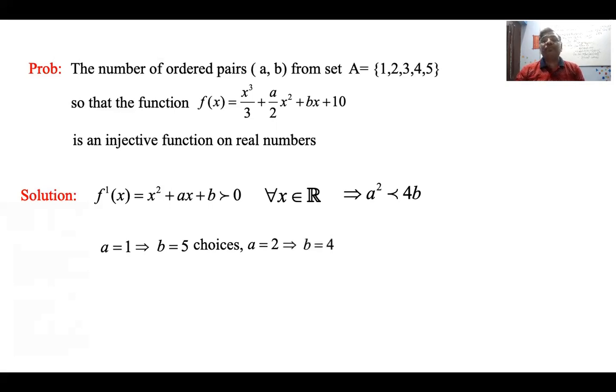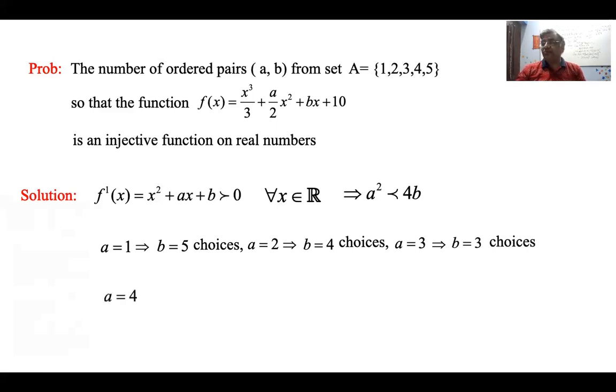Similarly, when a is equal to 3, 9 must be less than 4b. b equal to 1 and b equal to 2 are not fulfilled, but from b equal to 3 onwards it is fulfilled: 3, 4, 5. So when a is equal to 3, b has 3 choices.